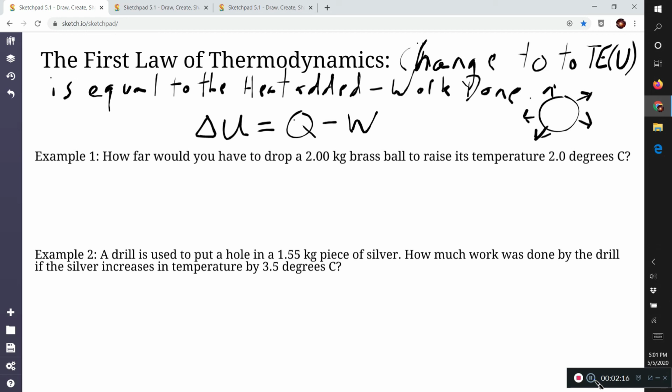So, for instance, one thing that we know is true is that as you drop things through an environment, they actually collide with air particles and pick up temperature, they pick up heat, they pick up thermal energy. So how far would you have to drop a 2.00 kilogram brass ball to raise its temperature 2.0 degrees Celsius?